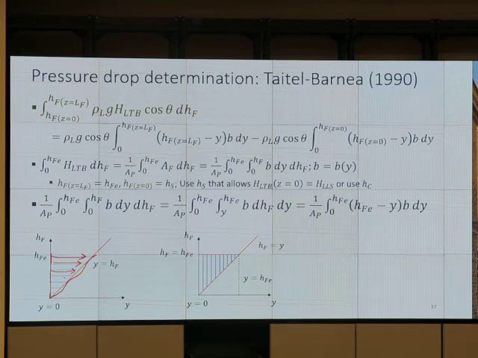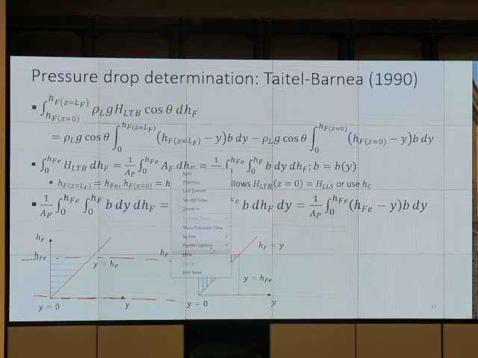Alright? And then I do the integration. The outer limit is from HF equal to 0. HF equal to 0 is what? This line, right? That line, the horizontal axis, is HF equal to 0. HF equal to HFE is that line.